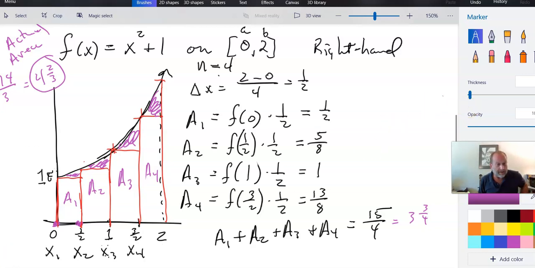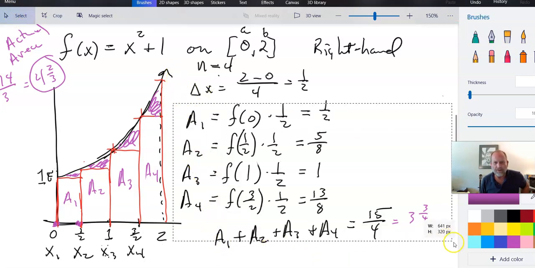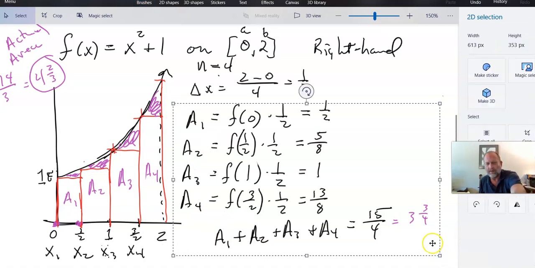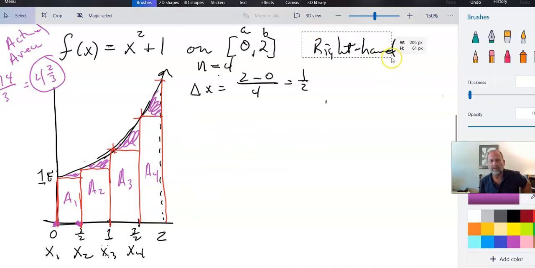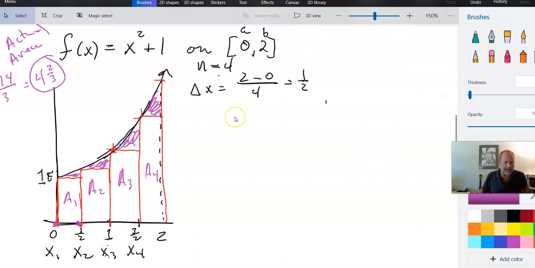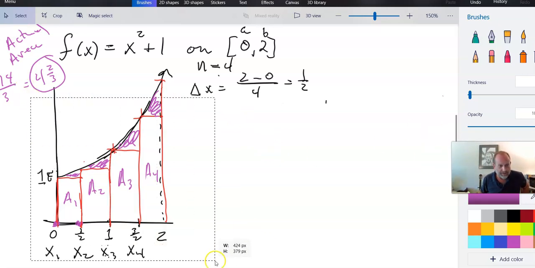Okay, so let's go ahead and clear this off. What button do I want? There we go. Okay, so let's go. I'm just going to redraw this whole picture, I think, just because.